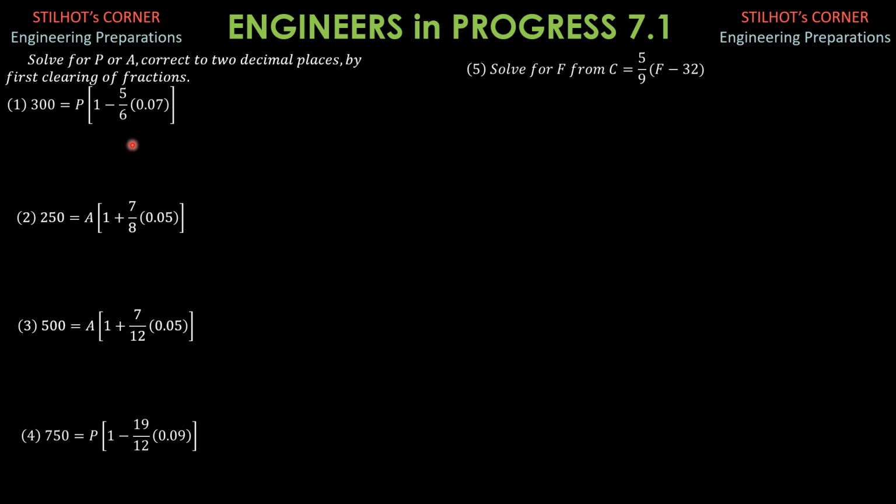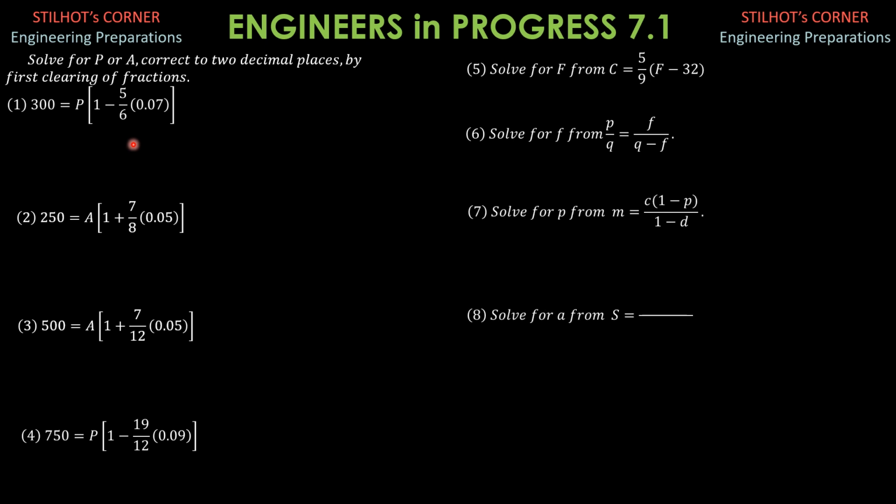So these are the 9 exercises. And for problems 5 to 9, you're going to show or solve for a certain quantity in terms of the others. So for the first part, we write this as 300.